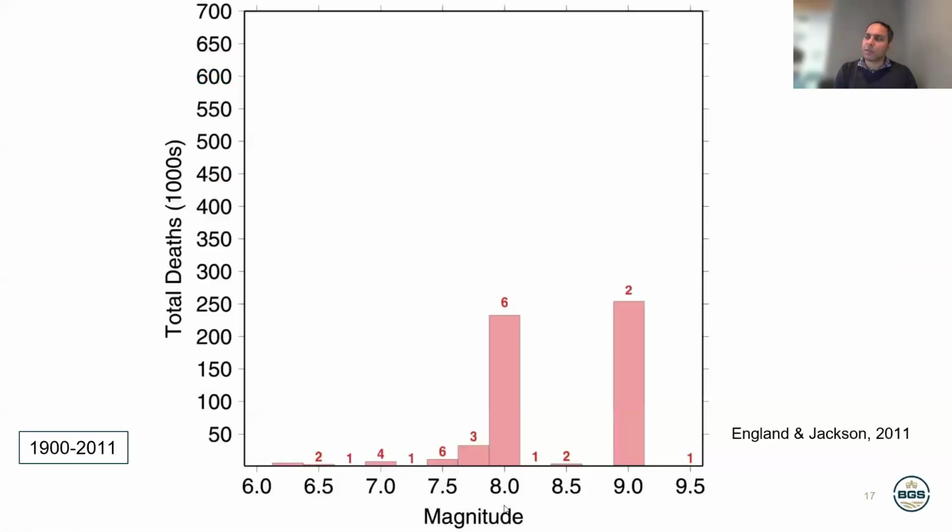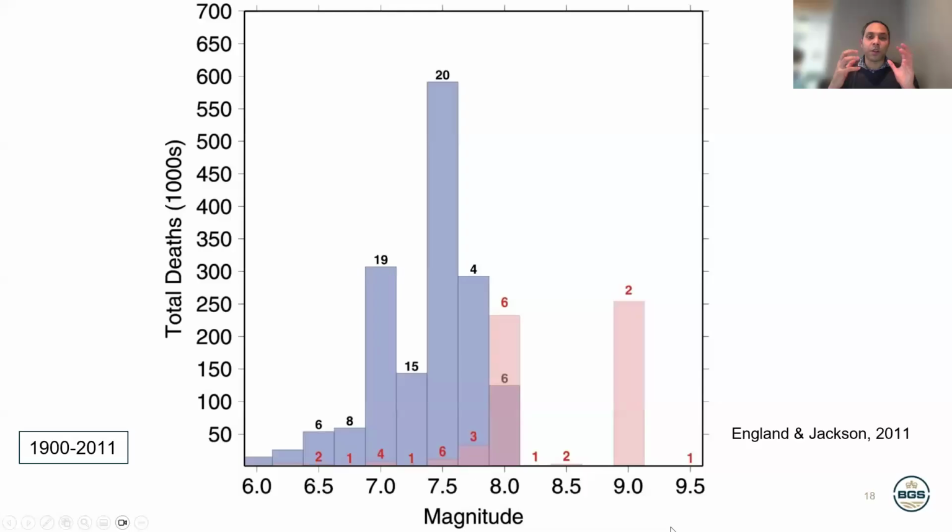If you split out those earthquakes into a graph form, here are the subduction zone earthquakes, the really big ones, i.e. the big 9s. This is from 2011, so it's a little bit old, but it shows all the fatal earthquakes. Up to then, there are 2 big 9s that killed around 250,000 people each, and 6 magnitude 8s that killed again 250,000 people.